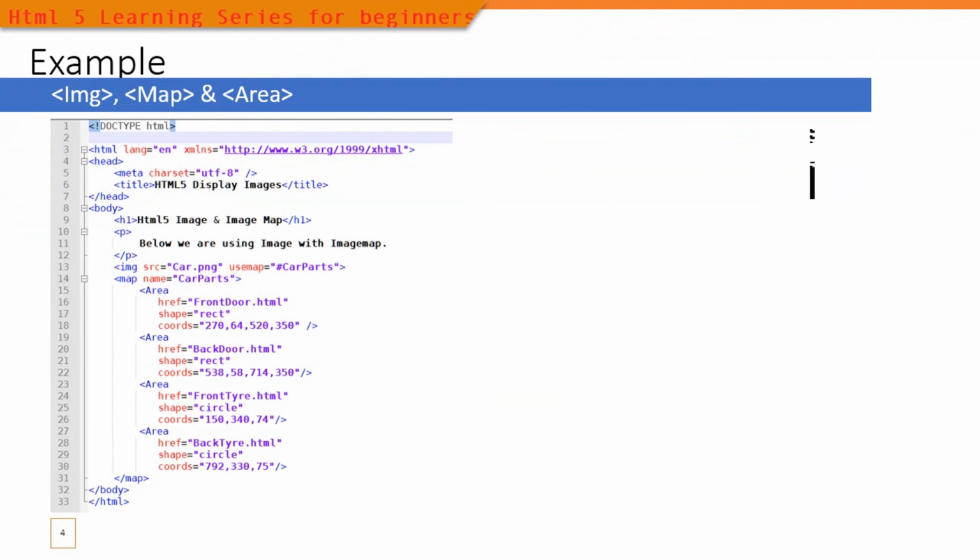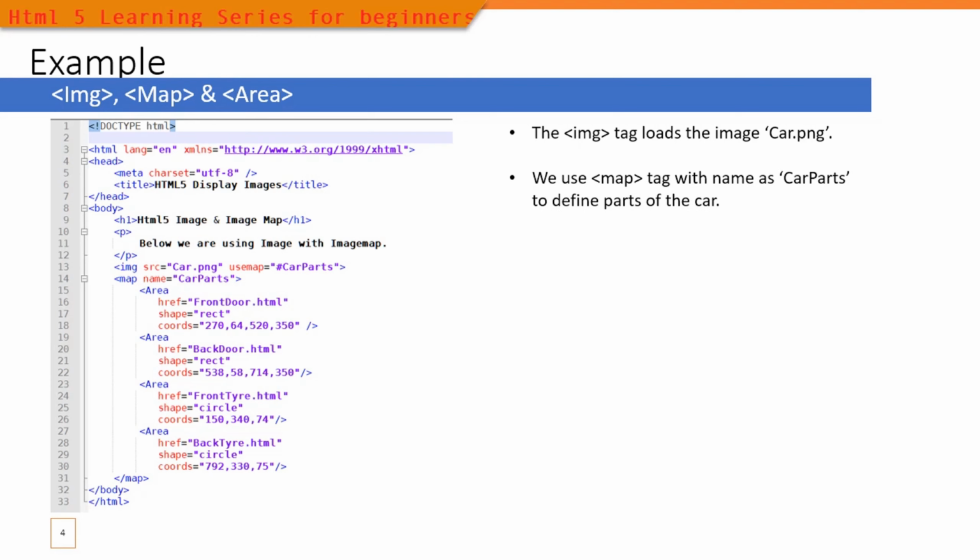So here is an example. The image tag loads the image car.png, and you can see that at line 13. Next we are using the map tag, and we gave a name to this map tag as carparts.